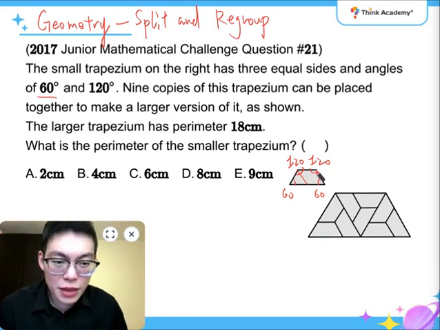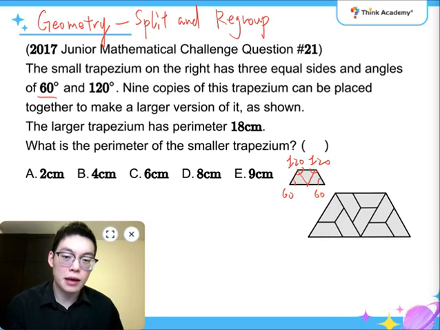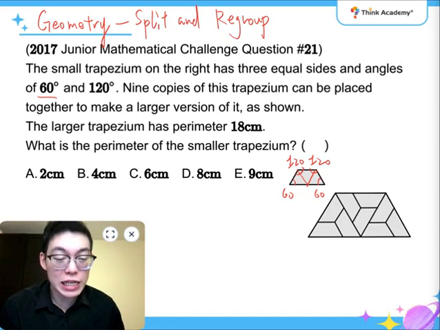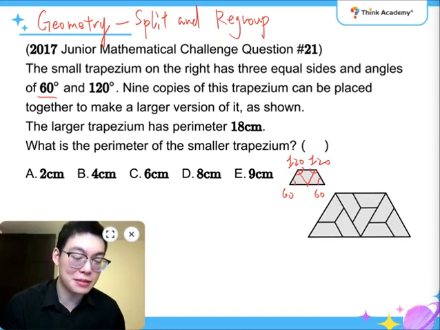Doing the same thing on the other side, and again, I'm getting an equilateral triangle.